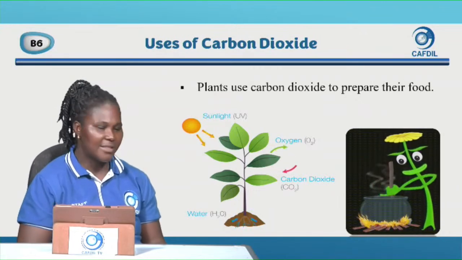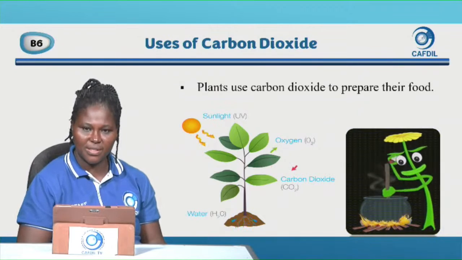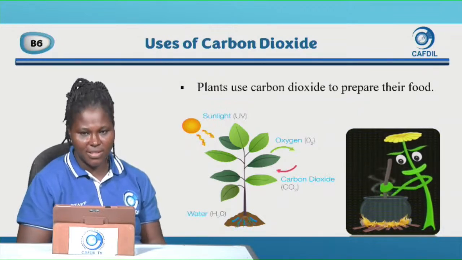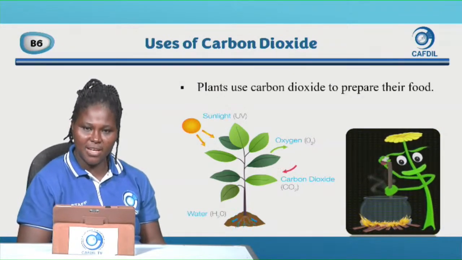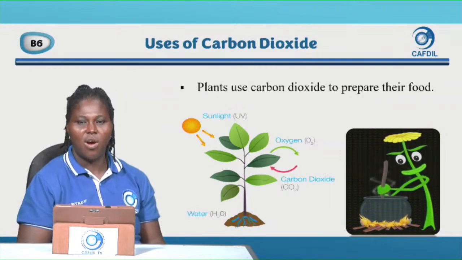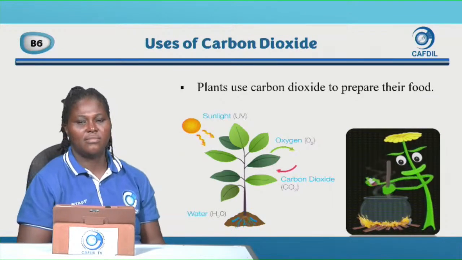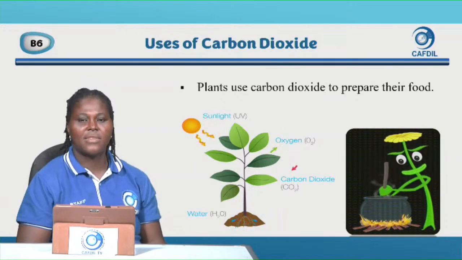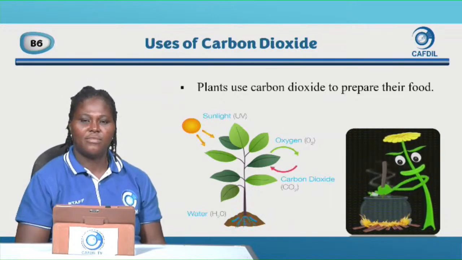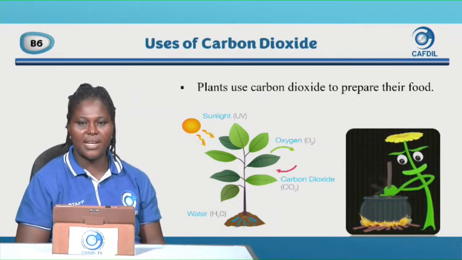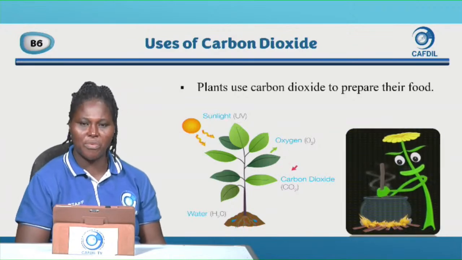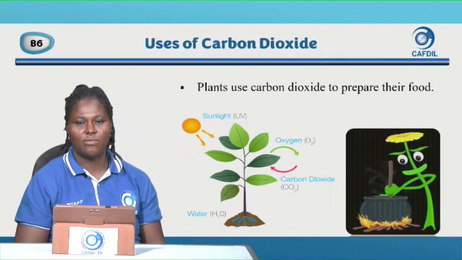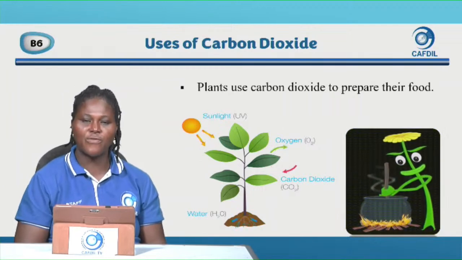The gas that the plants produce is oxygen. The plant gives us oxygen, we breathe it in, and then we breathe out carbon dioxide, and the plant also uses it to prepare its food with water, in the presence of sunlight.